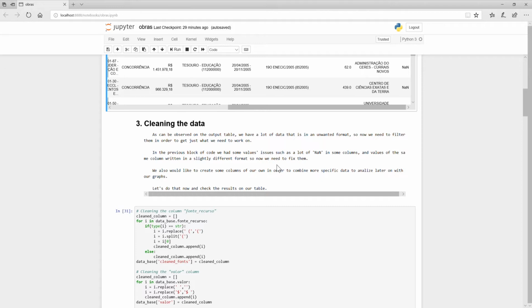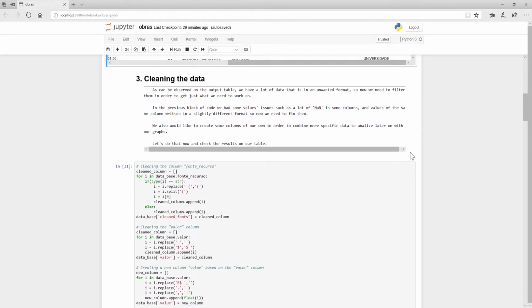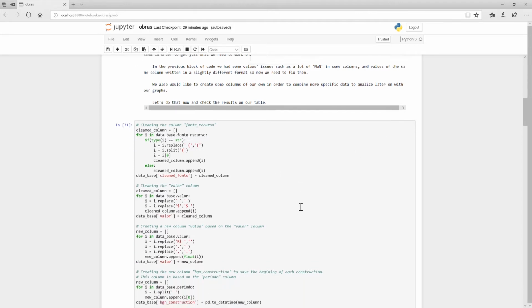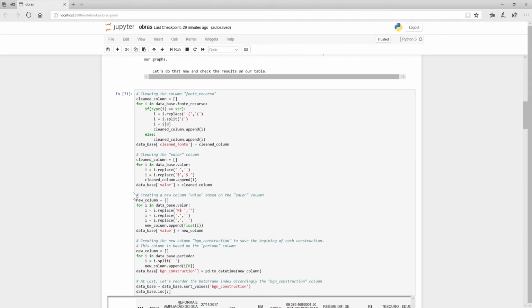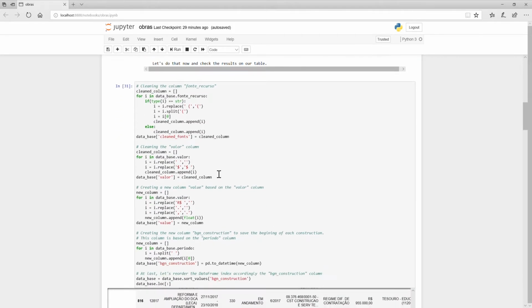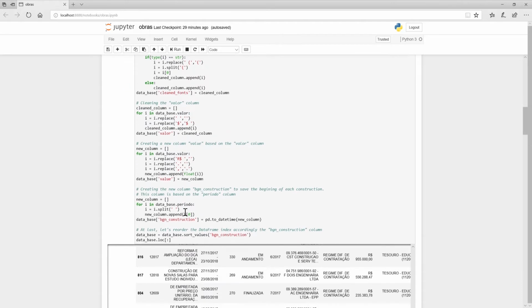We also need to create some columns of our own so we can combine some more specific data that will be easier to analyze. Like the values, the amounts of money are not ready to be put in our data, so we are renaming them, deleting some blanks and converting the commas to dots so we can make them look like real float numbers.